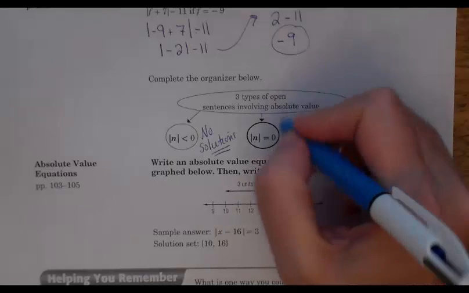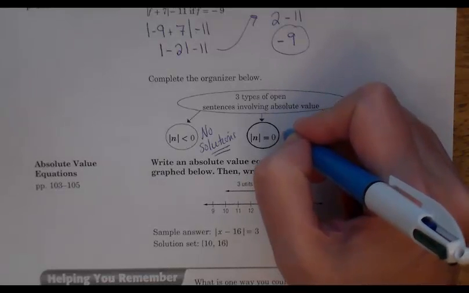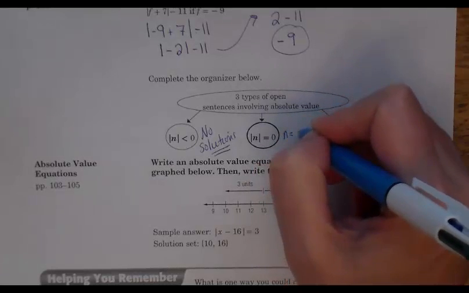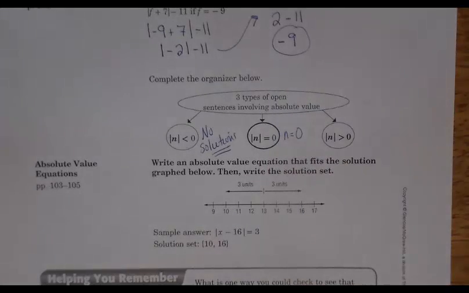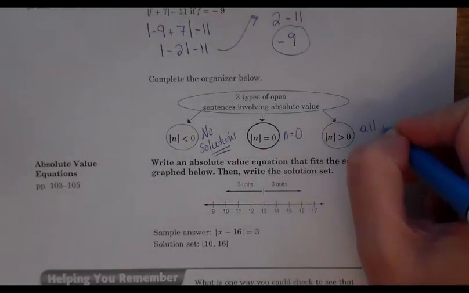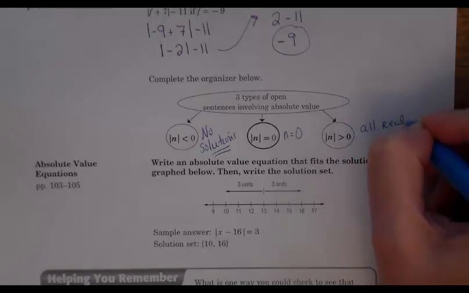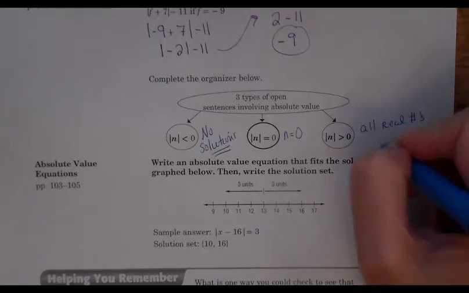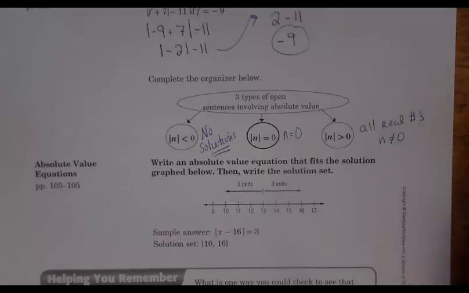If absolute value of n equals 0, then n equals 0. It's the only thing it can be. And if absolute value of n is greater than 0, well, that's all real numbers. N is not equal to 0 because we want it to be greater than 0. So it's everything other than 0.